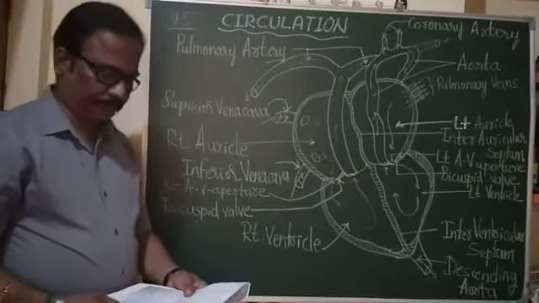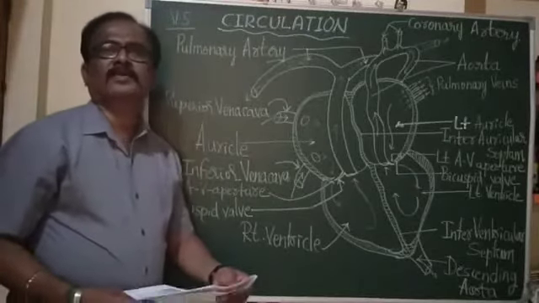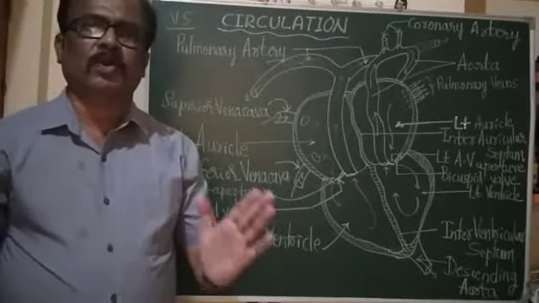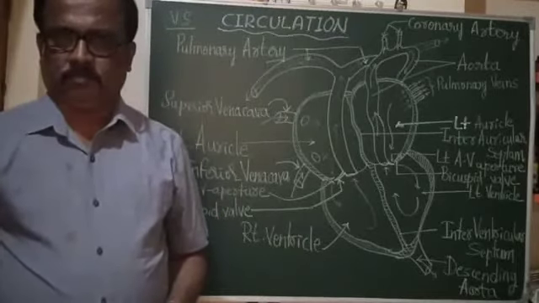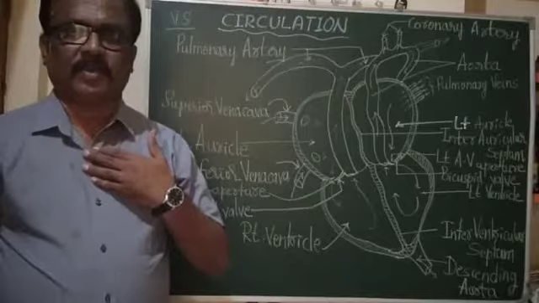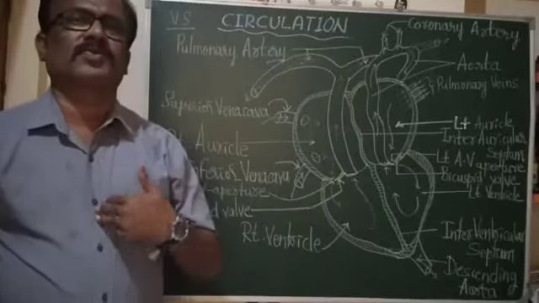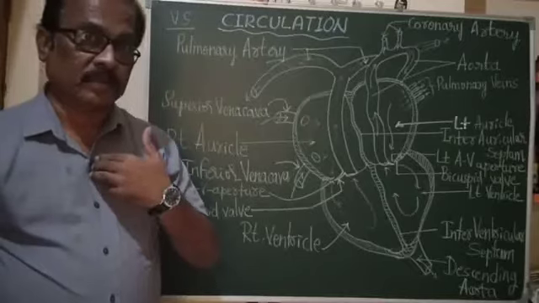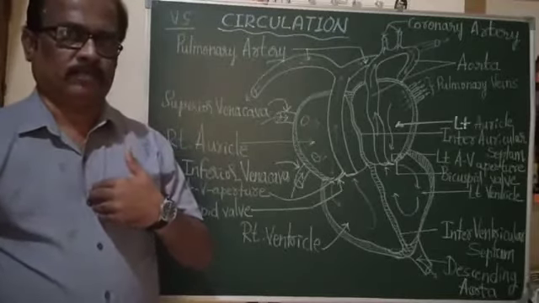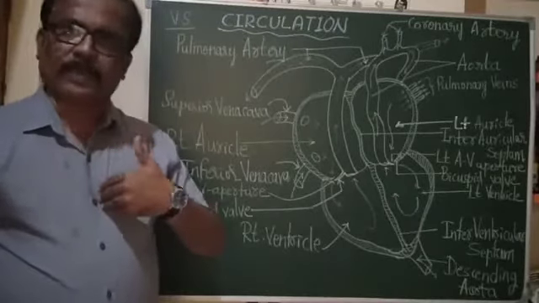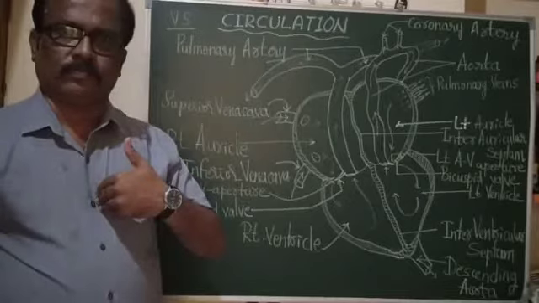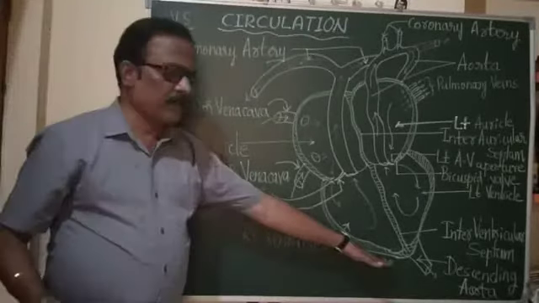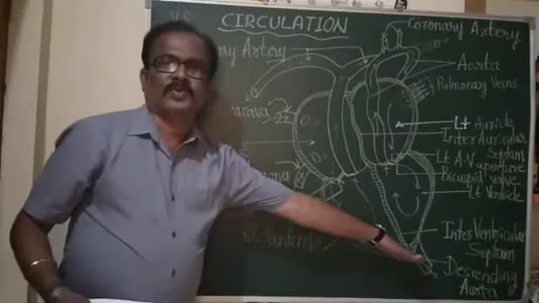As we know, the heart is a muscular, cone-shaped organ located in the middle of the chest cavity, and its apex is directed towards the left side. This is the apex, which is directed towards the left side.